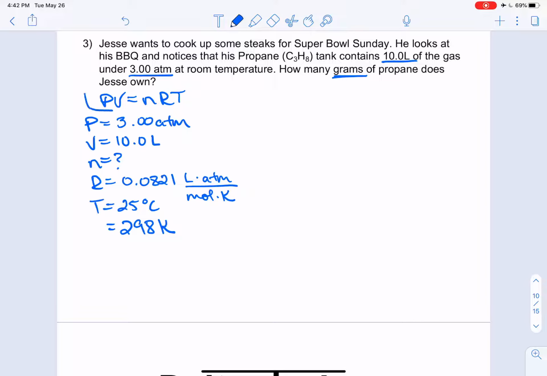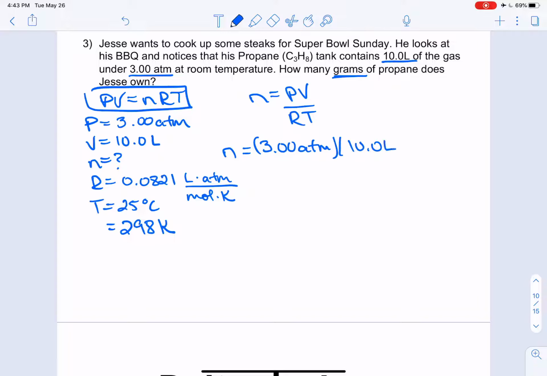Okay, so PV equals nRT, and we're solving for n. And that will give us PV over RT, and then we plug and chug. Okay, so n is equal to the pressure, which is 3 atm, times the volume, which is 10 liters, divided by our R, 0.0821 liters times atm divided by mole times Kelvin.